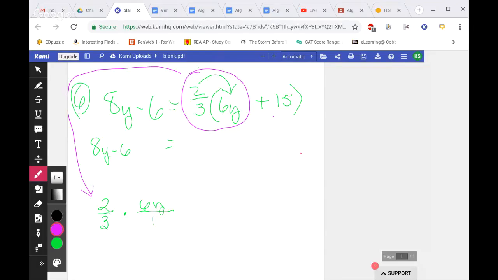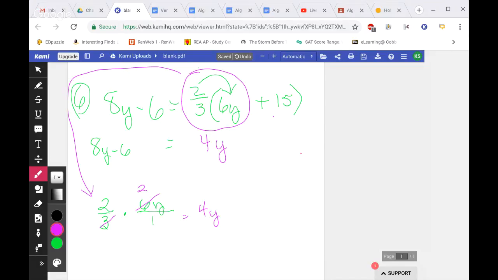You with me? Okay, good. All right, so now I'm going to simplify before I multiply. And I'm going to do this in purple. 3 goes into 6 how many times? 2. Okay, good. And then 2 times 2 is 4. But basically what I'm doing is 2 times 2y, really. So that's 4y. So that part is 4y.